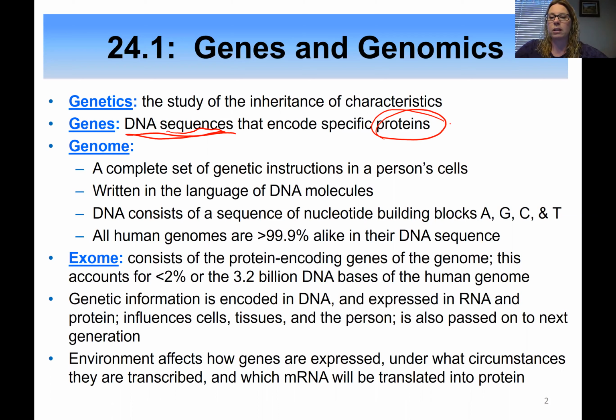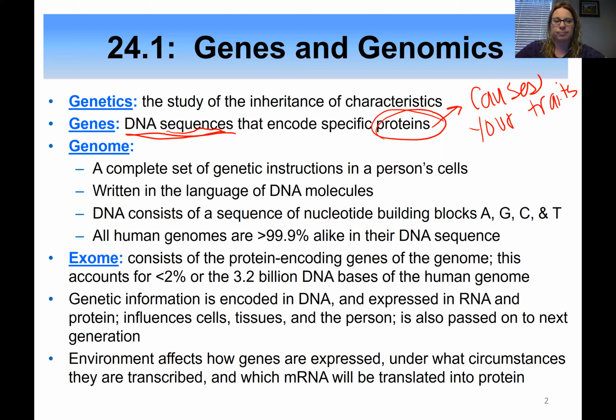Proteins are what actually cause your traits, or what we call your phenotypes, and we'll get into that a little bit more. But it's the DNA that codes for proteins, and the proteins are what make you have a widow's peak or not, or blue eyes versus brown eyes, or connected versus not connected earlobes, and so forth.